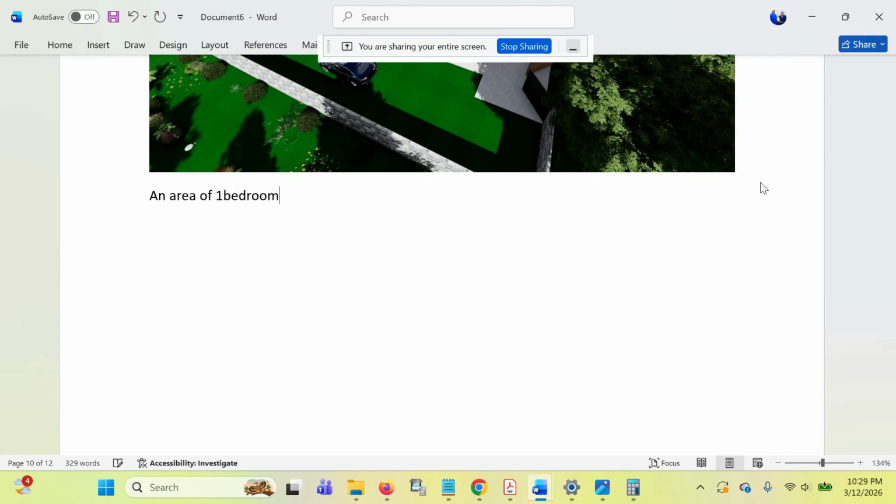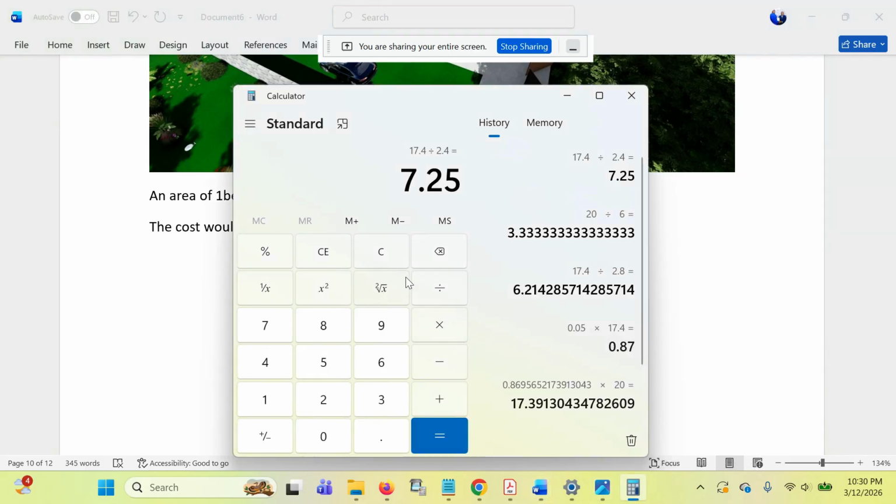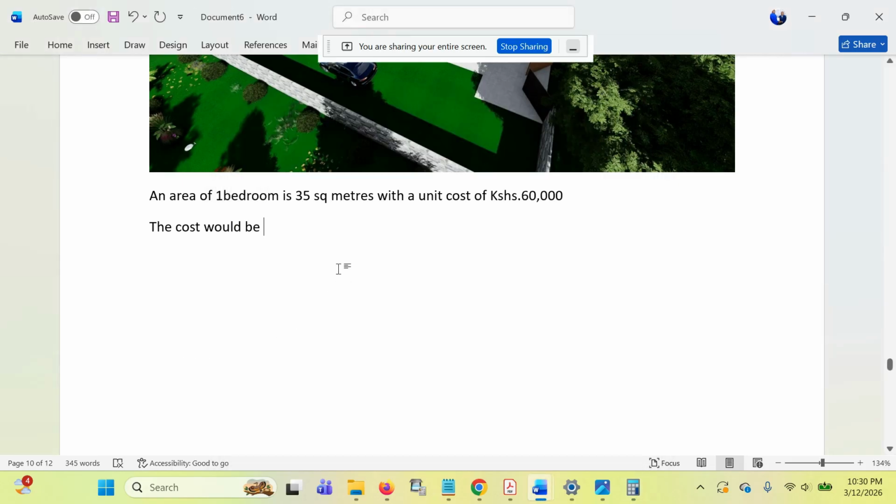For example, if the average area of one bedroom is 35 square meters, let's say 35 with a unit cost of Kenya shillings 60,000.